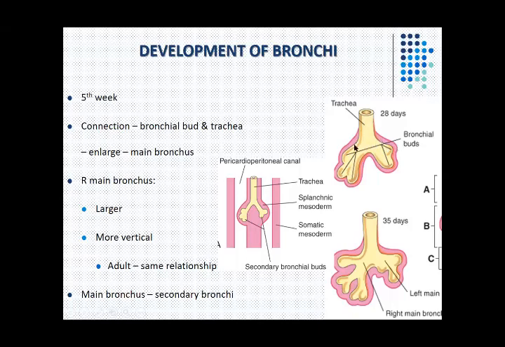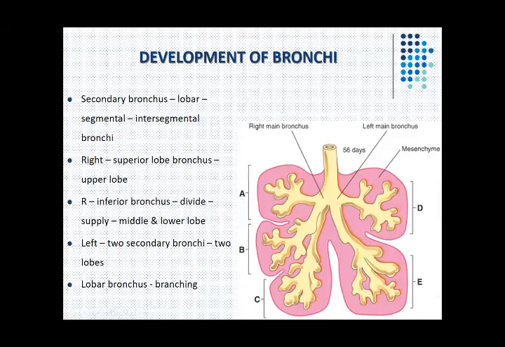Okay, so main bronchus divides into secondary bronchi. अब secondary bronchi जो है उससे फिर tertiary, फिर lobar, फिर segmental bronchus, intersegmental bronchus and so on. अब आपको subdivisions का पता है. The right side, you have a superior bronchus that goes to the upper lobe, and you have an inferior bronchus.